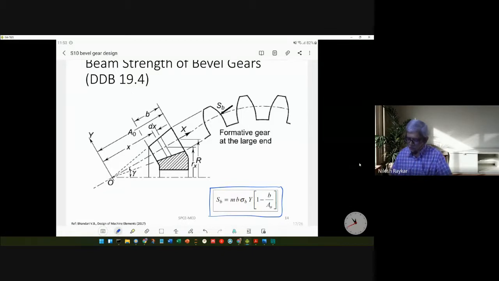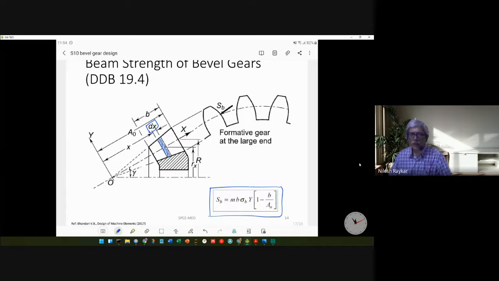So let me explain what this figure is. In this figure, as we have seen earlier, the tooth dimensions keep on changing as you move from small end to the large end. So what we have considered here is one slice of the tooth having width equal to dx, and the profile would be the involute profile, means in the third dimension it will have the involute profile.